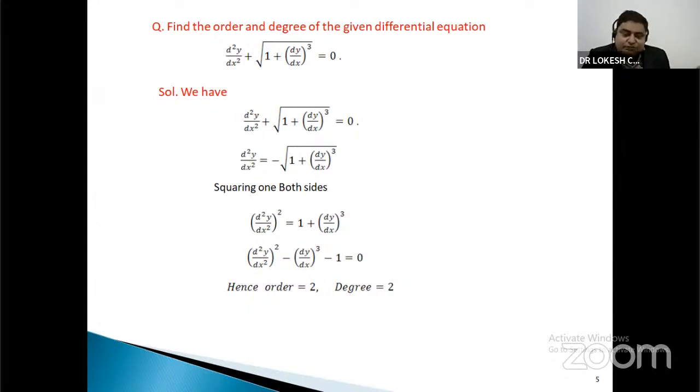Now it is free from the radical sign, so we can define its order and degree. Here the highest order derivative is d2y/dx2 and its power is 2. So we will say it is a second order, second degree ordinary differential equation.